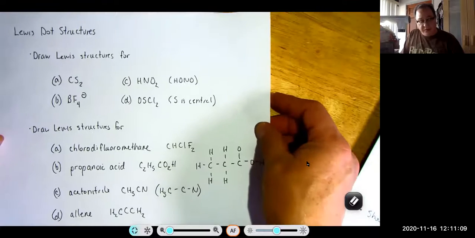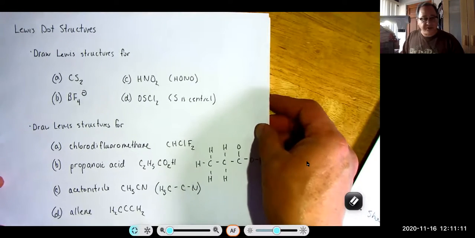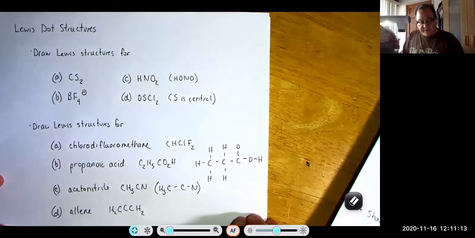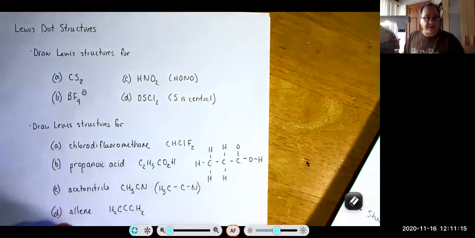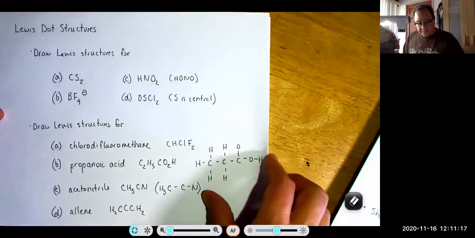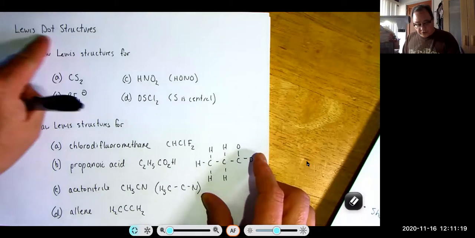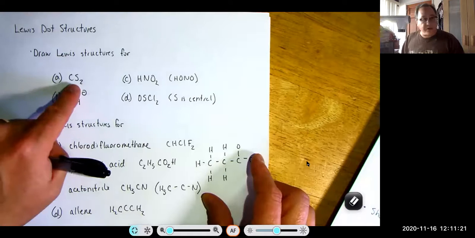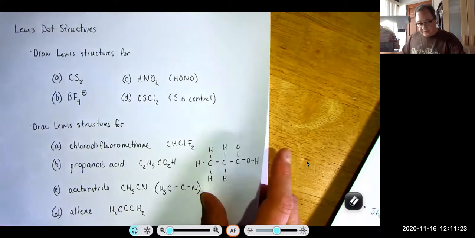All right, so I've written out some problems here. And I'm not going to really explain anything from the lectures independent of these problems. I will explain things as we go through these problems. So we want to draw Lewis dot structures for the following. So we're going to start with this A, CS2.